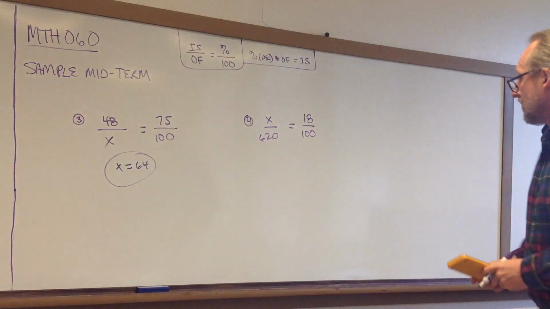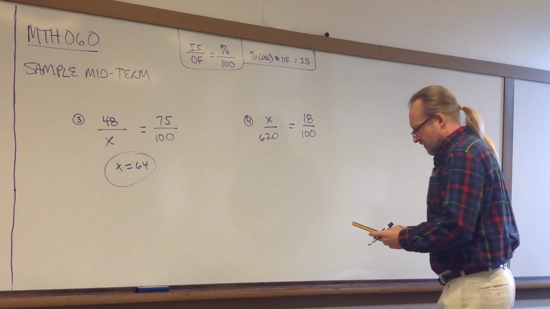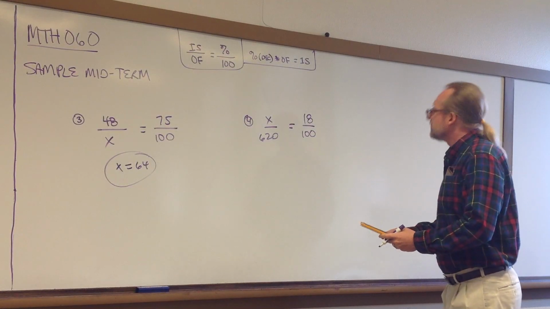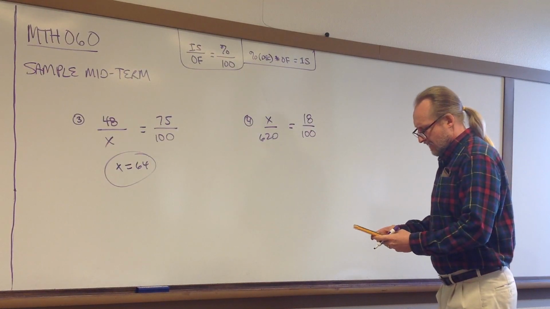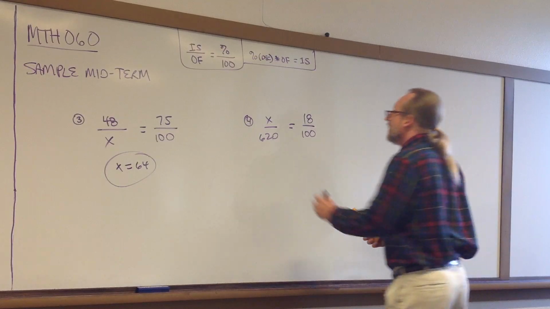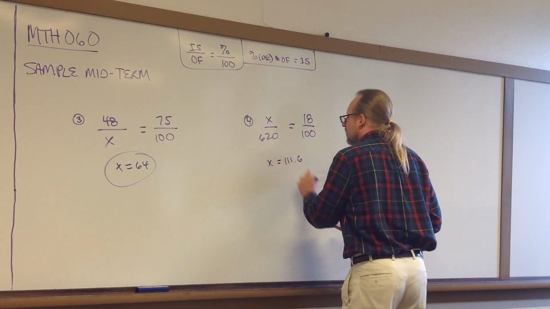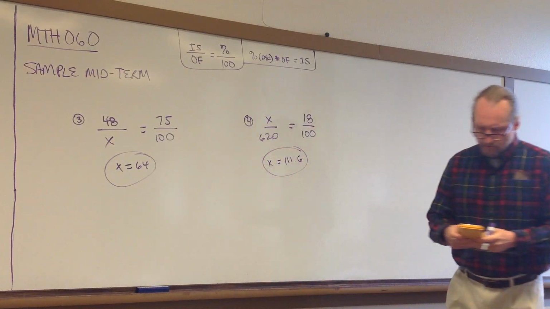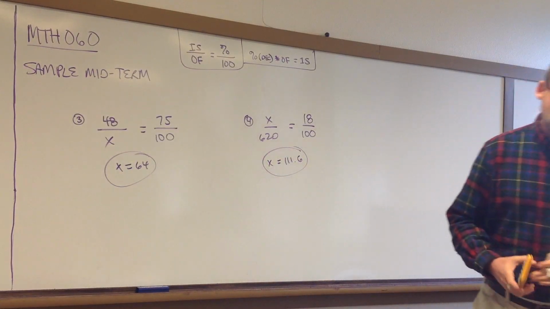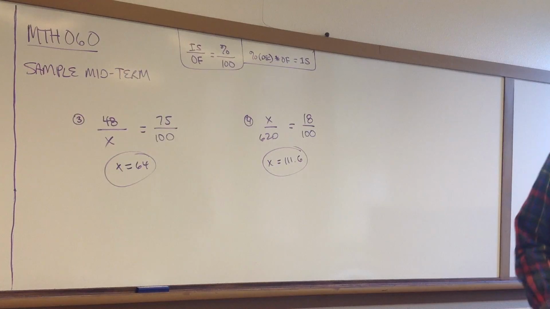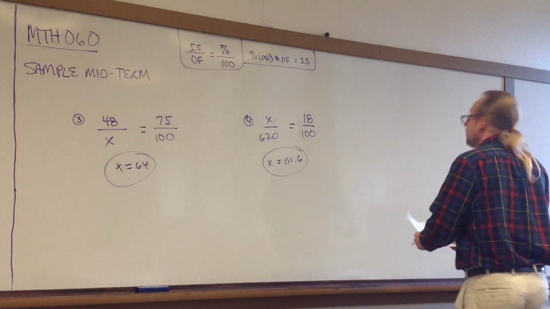Okay, so then we'll go 620 times 18, and then divide by 100, and so x is going to be 111.6.